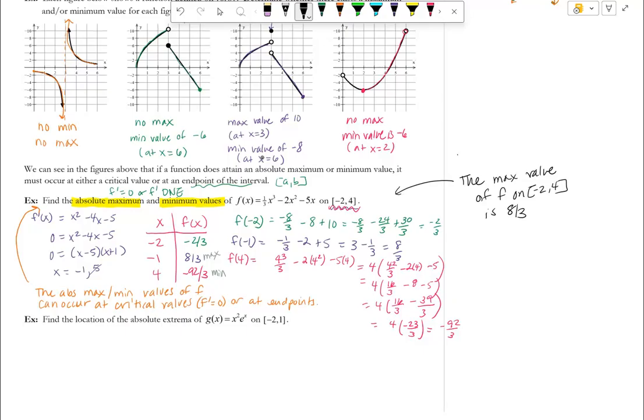So 8 thirds is the maximum. But I might say that this occurs at x equals negative 1. So it doesn't hurt to give the location of the maximum. And furthermore, the minimum value of f on the interval negative 2 to 4 is negative 92 thirds. And again, this occurs at x equals 4.